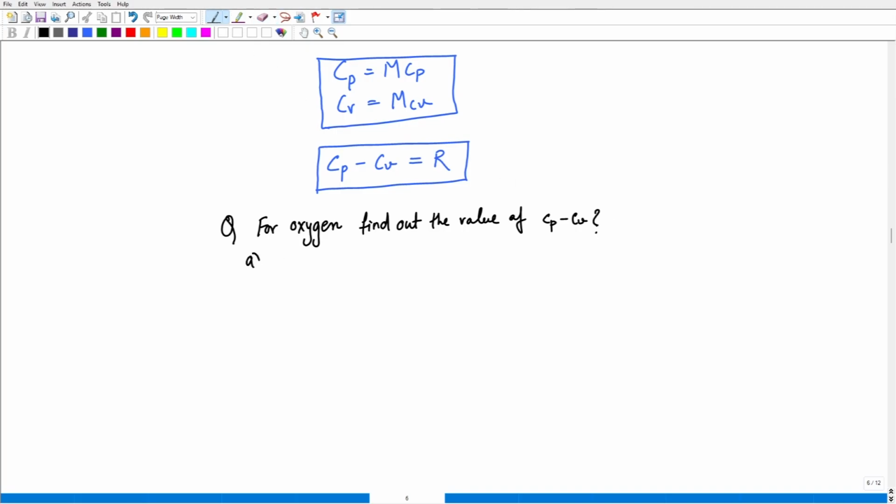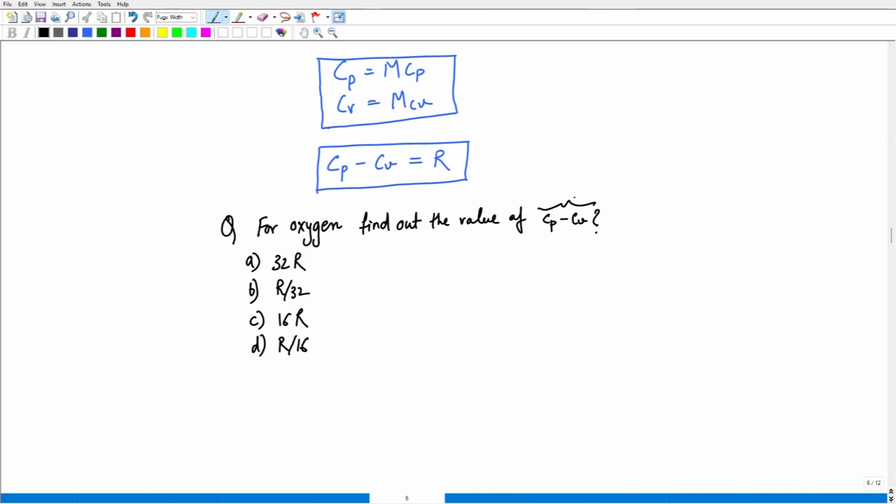Options are 32R, R by 32, 16R, R by 16. Keep this in mind.